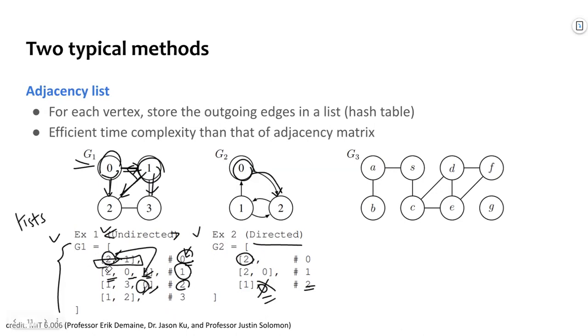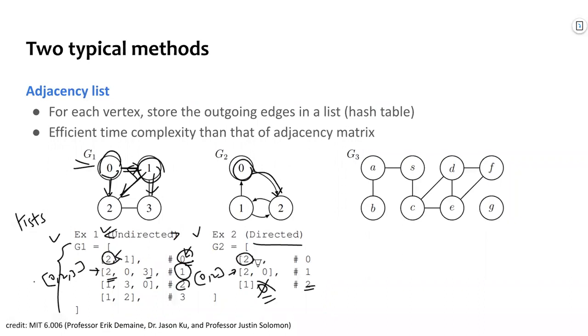So if you store 0 to 3, it is perfectly okay. It doesn't matter. And in this case, you can store 0, 2 instead of 2, 0. All right, so the ordering inside this list does not matter.